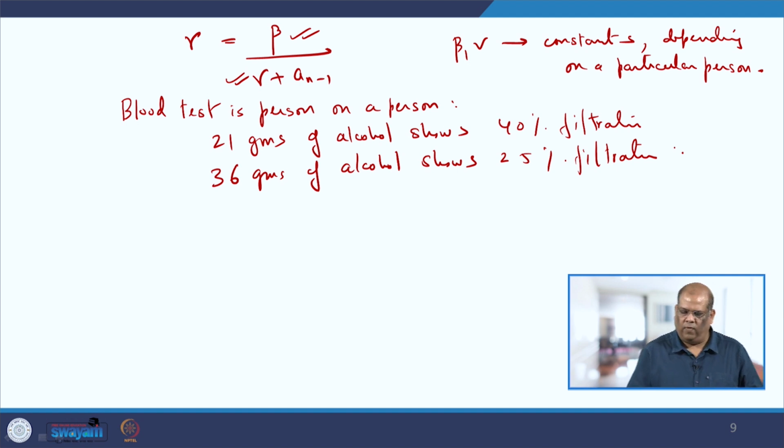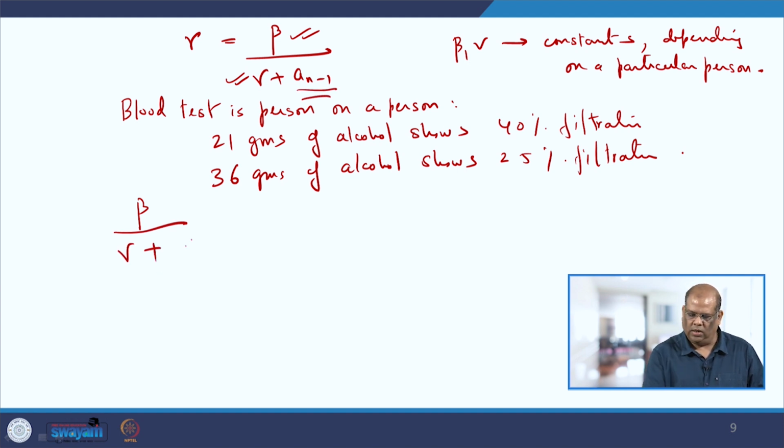So, now if we put the values here, I do not know what beta is, I do not know what gamma is, but I know A, that is 21 grams of alcohol, and the filtration rate is 40%, so 0.4. Similarly, beta by gamma plus 36 will give me 0.25.